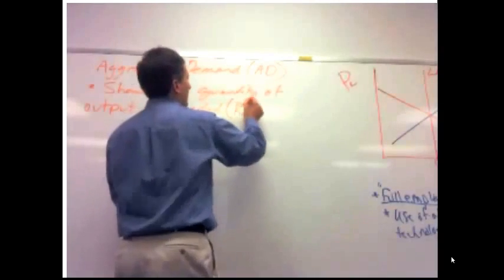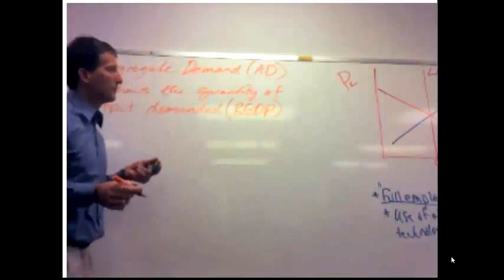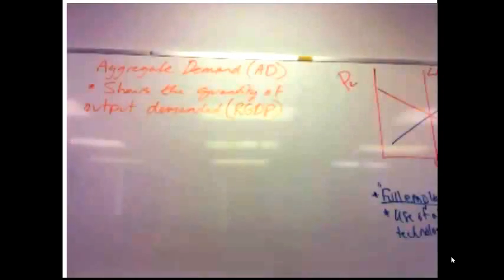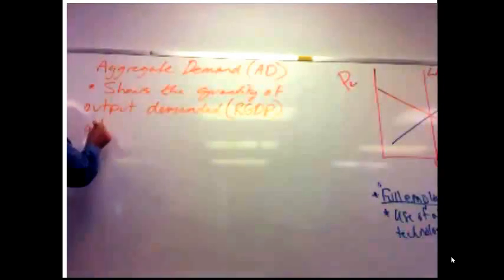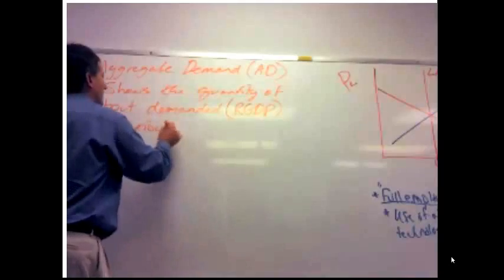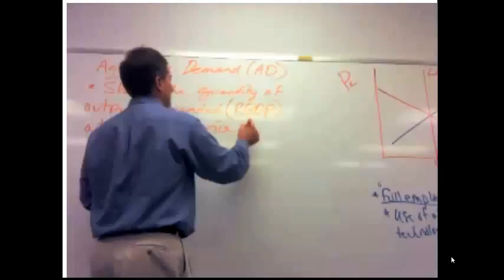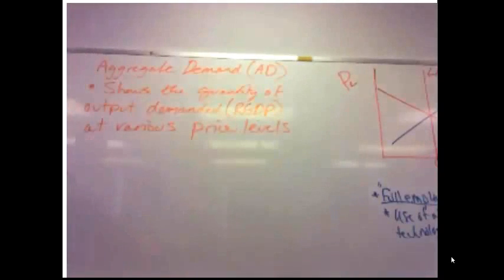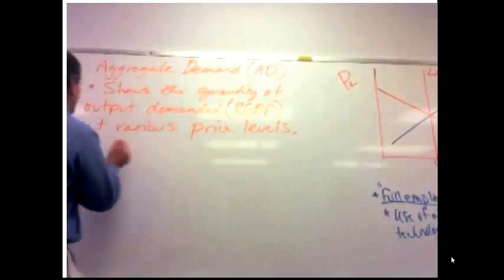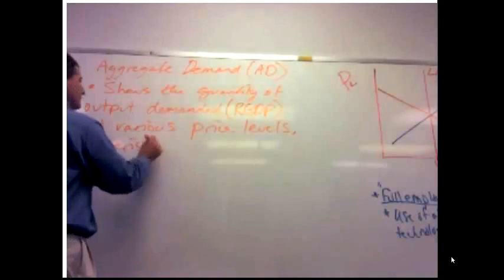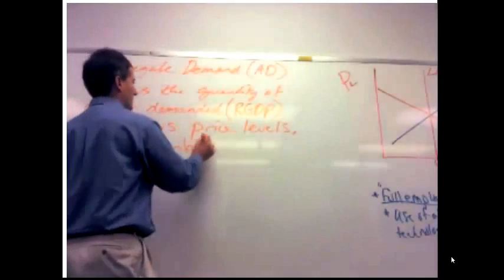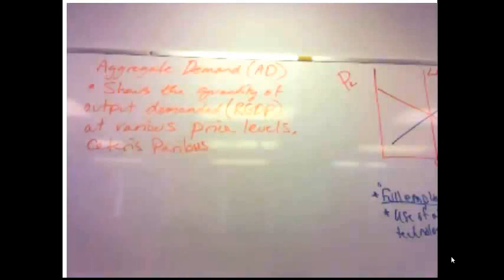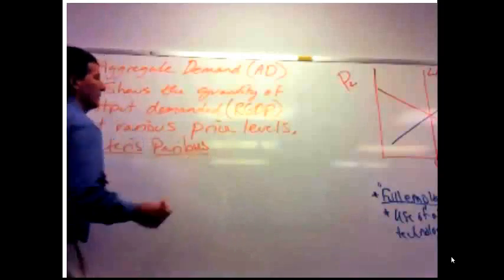Quantity of output demanded, which is real GDP, at various price levels. Ceteris paribus. Holding all of the things constant. We're going to spend more time on the things. I'm just going to leave it a little generic for now.